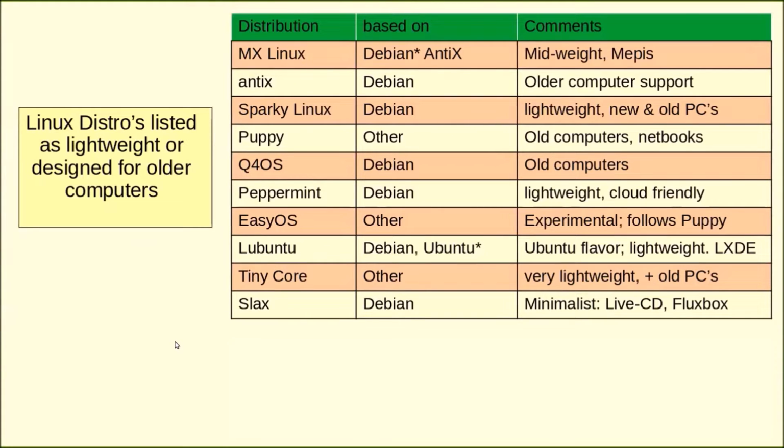Now I looked and said, okay, on the other end, how about if you have an old computer, or very low power computer, not much memory, and there's a whole bunch of Linux distributions that look at that. And most of them are kind of built on Debian. But Debian is a favorite versus Debian and Ubuntu.